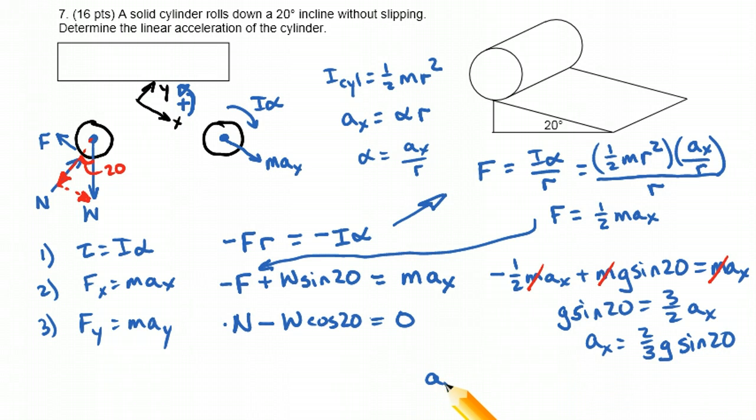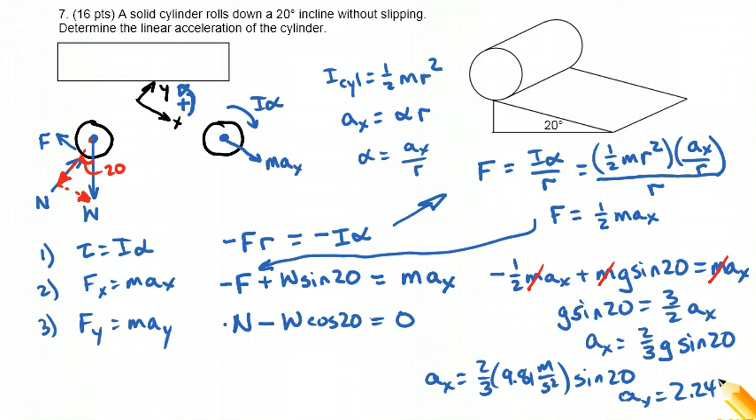And then finally plugging in some numbers, 2/3 times 9.81 times sine 20, and that number will come out to be 2.24 meters per second squared.